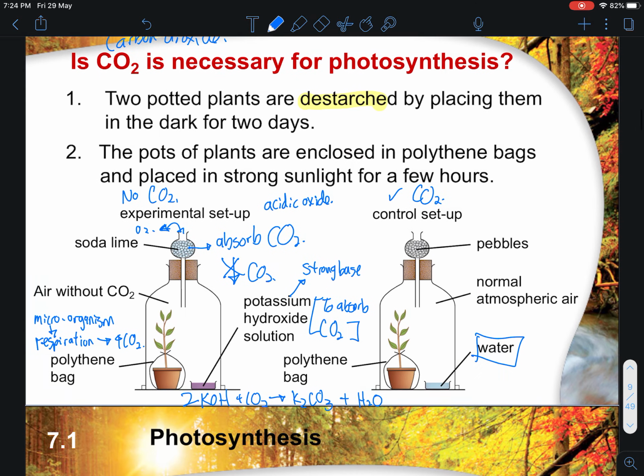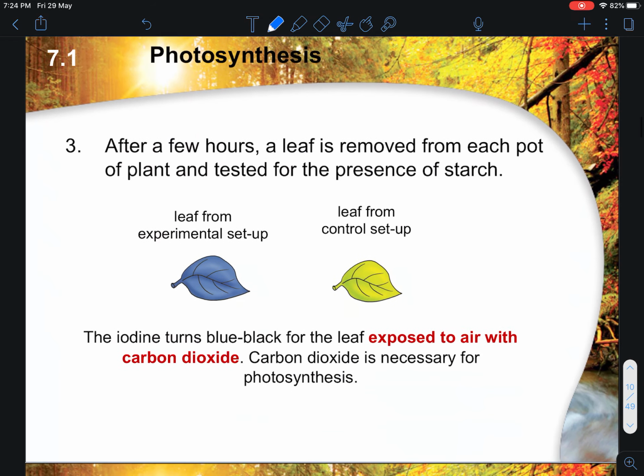So in other words, if no CO2 is being absorbed in, starch shouldn't be present in the leaf when you test for it. After a few hours, you remove the leaf from each pot and then test for starch. If there is no CO2, there will be no photosynthesis occurring.